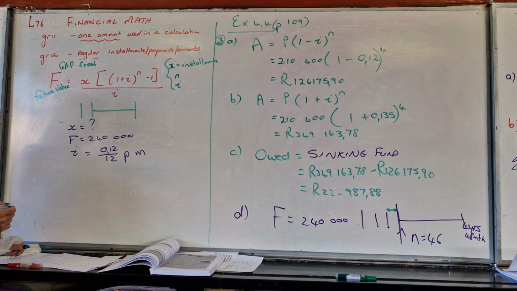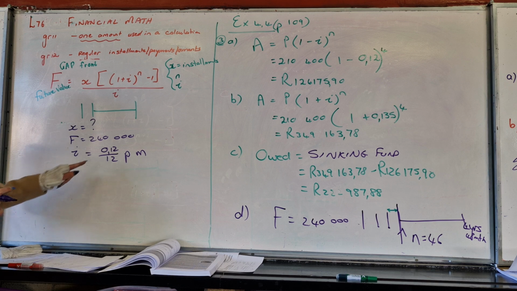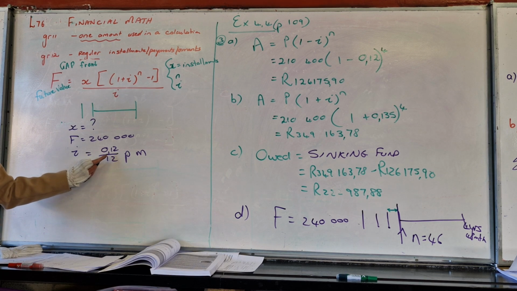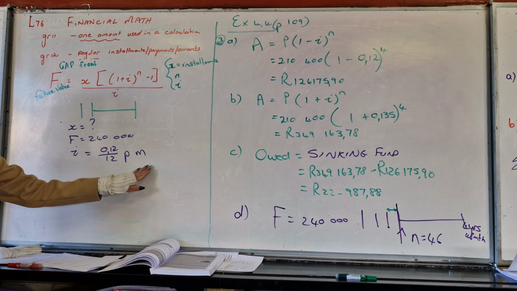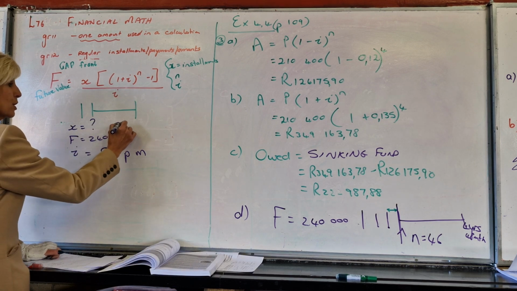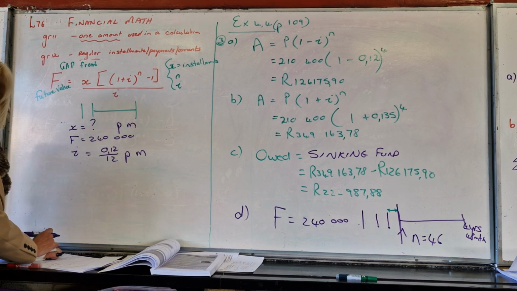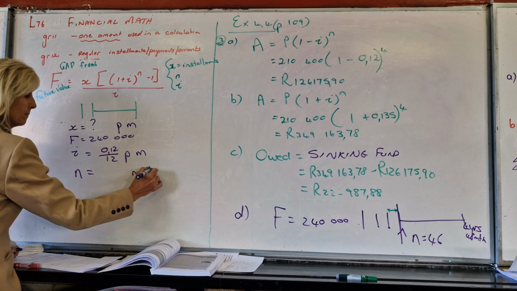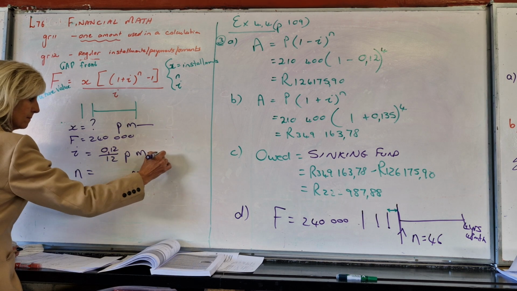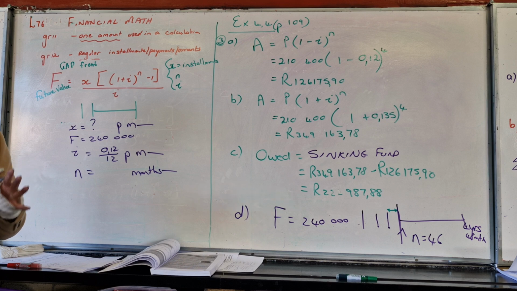Are you with me? It's 12% per annum, so it's 12% per year, but divide by 12 to get per month. X is also per month. So your N should also be in per month. Are you seeing this? Everything is in the same unit. Make sure that that is the case.